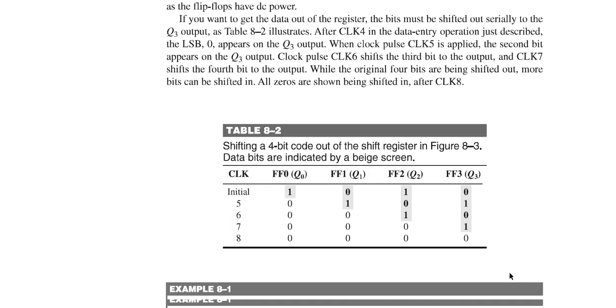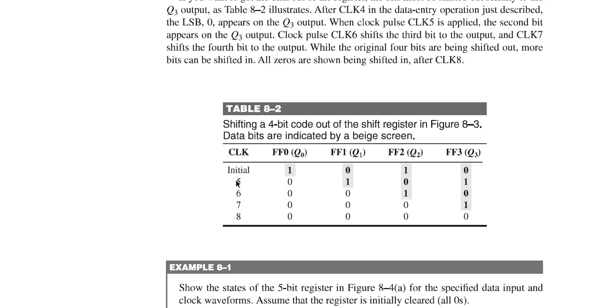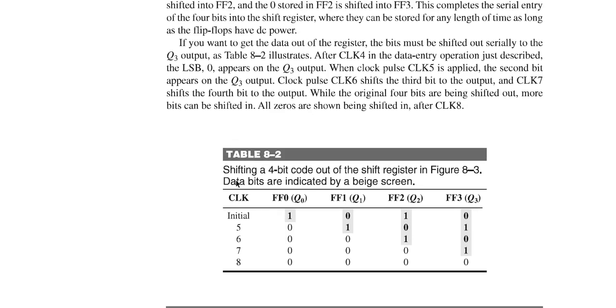After that, from the fifth clock pulse, this 0 comes out from the output side, and 0 is applied to FF0, because we want to get this data out of the flip-flops in a serial manner. So we put 0 here on every clock pulse, and the output is generated one by one.